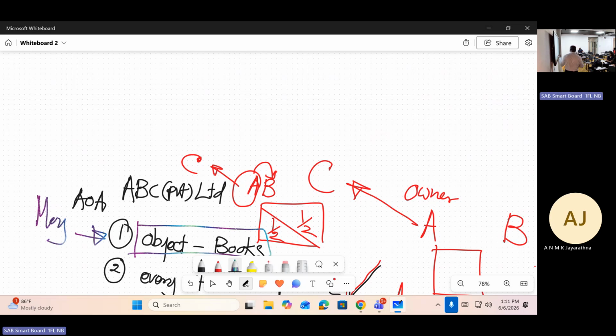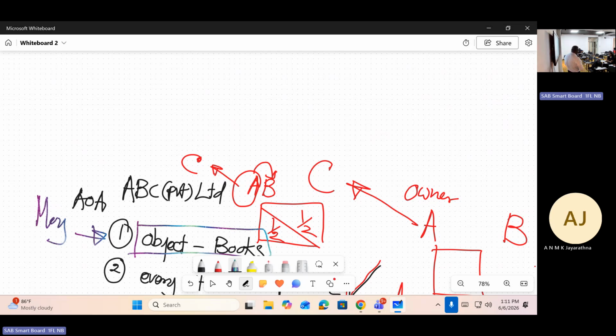Now, according to this example, ABC Private Limited, the object of the company is manufacturing and selling books. Then, another very important concept we can identify now.